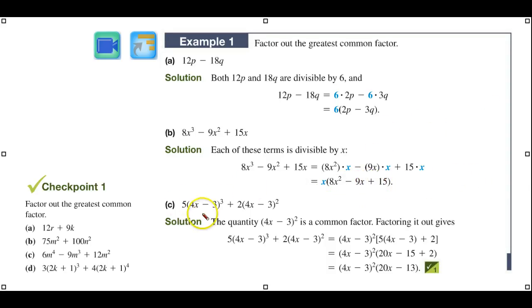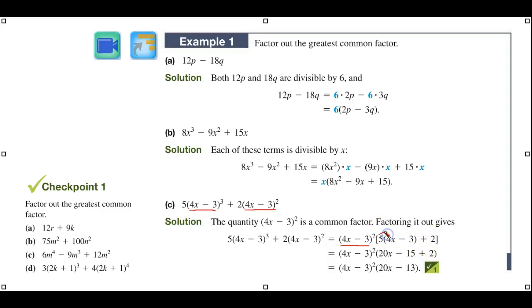In letter C, our common factor, as we look at it, is actually a binomial. So we can take out, this is to the third, this is to the second, we can take 2 of those factors out, and it leaves us with this, and then we're left with a 5 and one of the binomials, and then a 2.